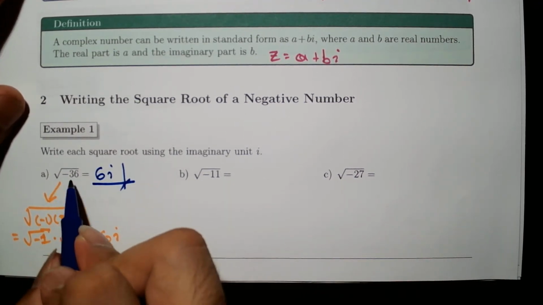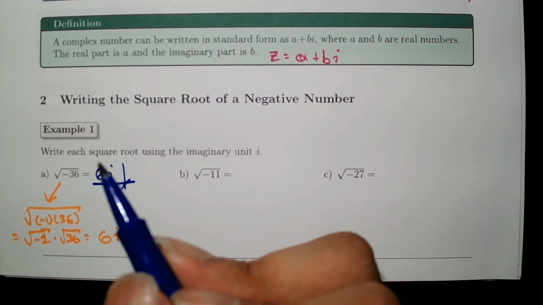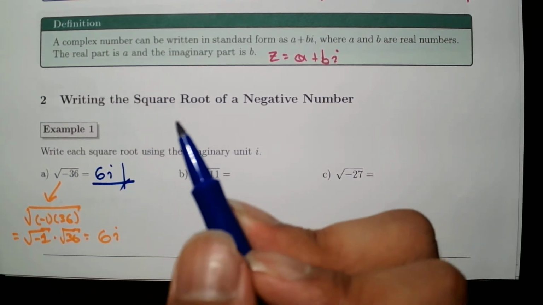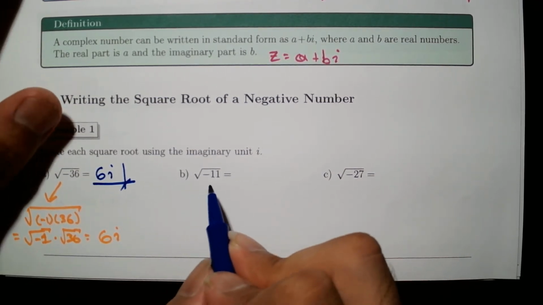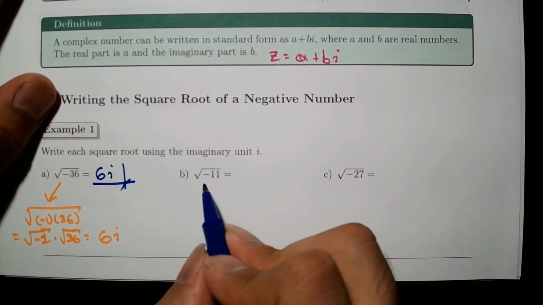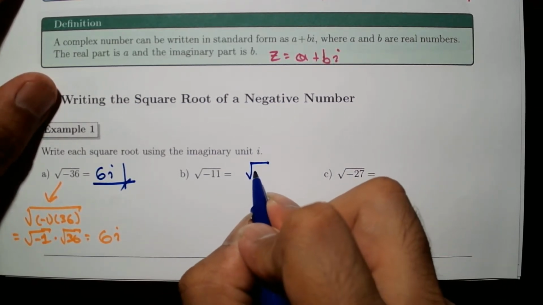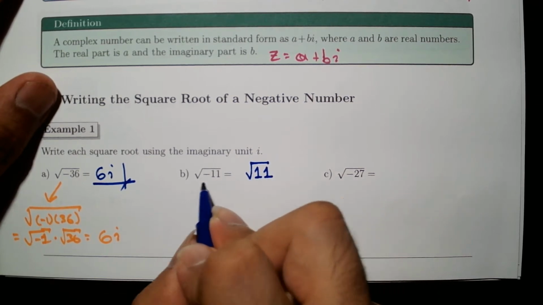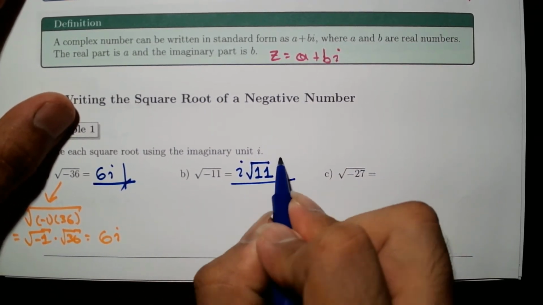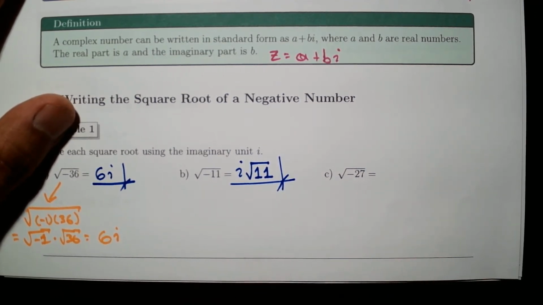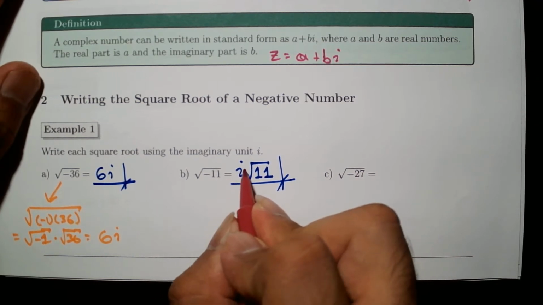Just the same way, the square root of negative 25 would be 5i, the square root of negative 49 would be 7i, etc. Now, what about a number like negative 11? In this case, the number 11 is not a perfect square. So just write the square root of positive 11 and outside multiply by i. Now, just a quick observation here. Notice I'm writing the letter i in the front.